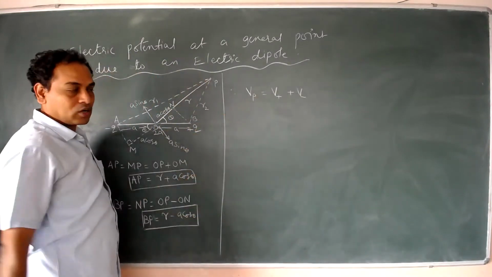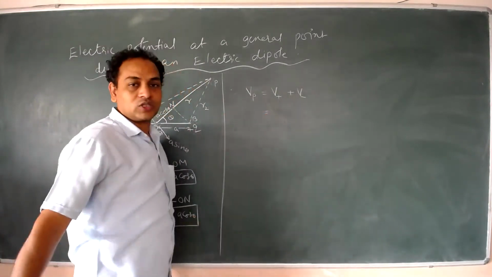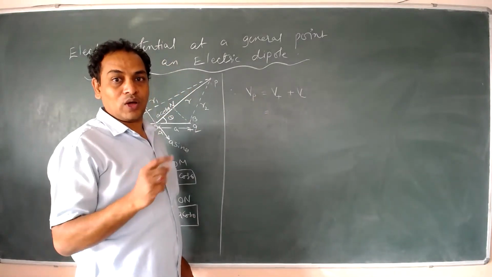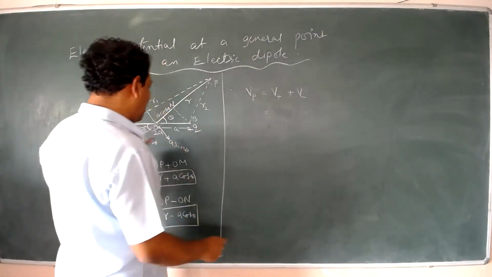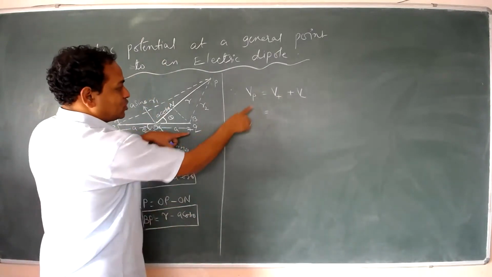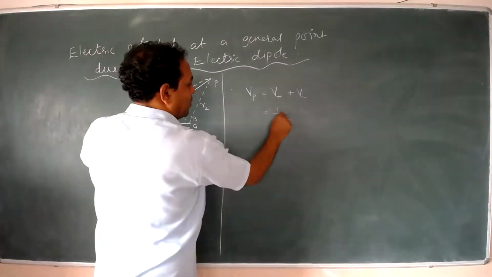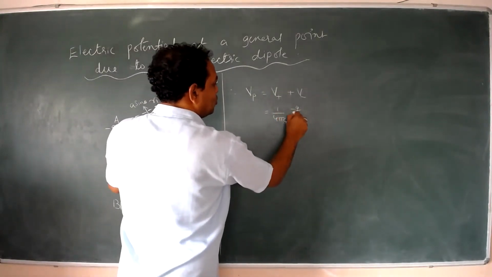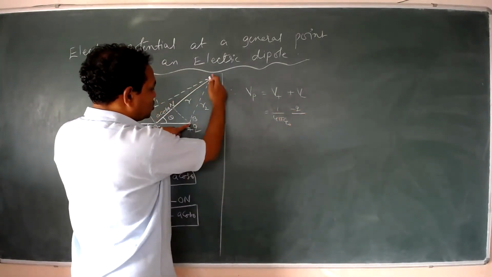So the total potential. What is the general potential formula? 1 by 4 pi epsilon naught into Q by R. We have already derived it. So plus means this one: 1 by 4 pi epsilon naught into plus Q by this distance. What is this distance?